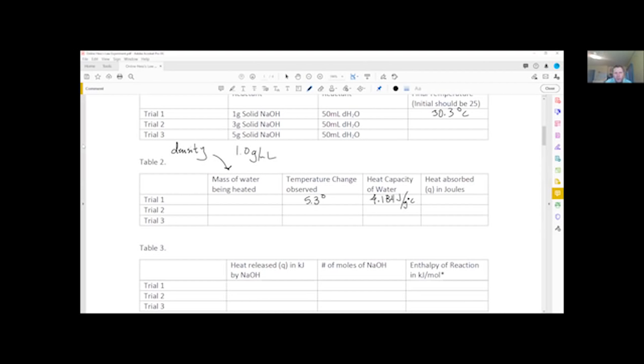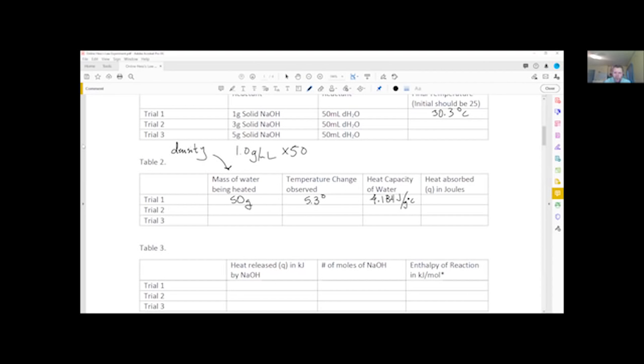Okay, so the mass of water being heated. Well, we know that we're using 50 milliliters, so we're going to take our density and multiply that by 50 milliliters. So we've got 50 grams of H2O.